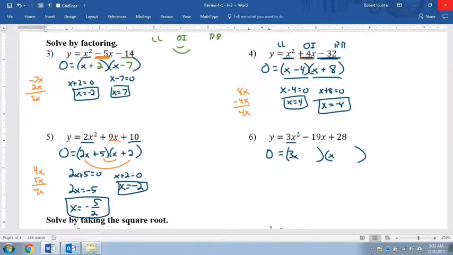I'm actually starting to think this one's wrong. 14 times 2. Negative 14. Negative 2.